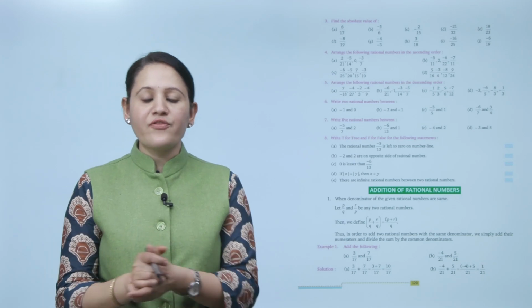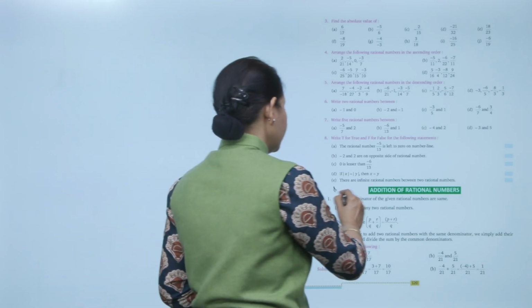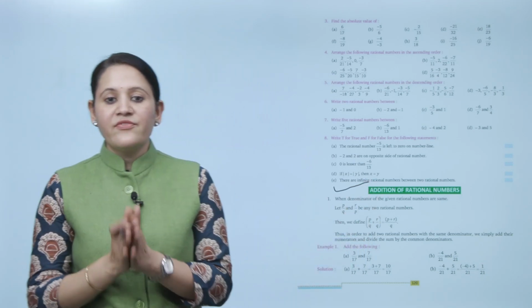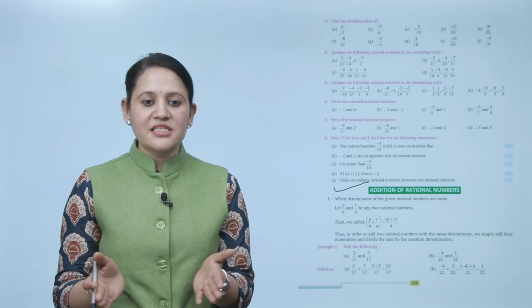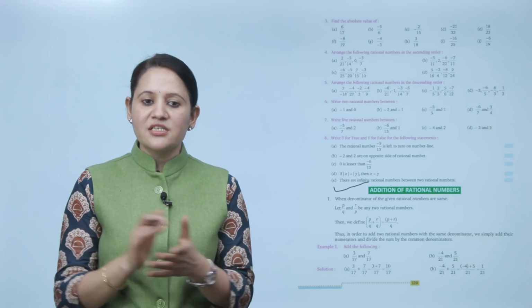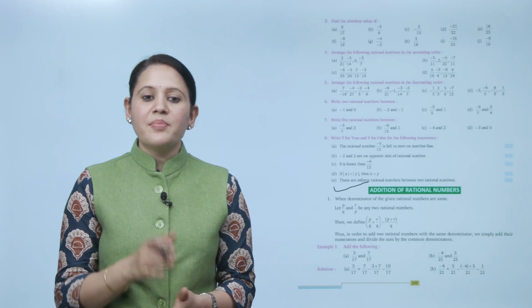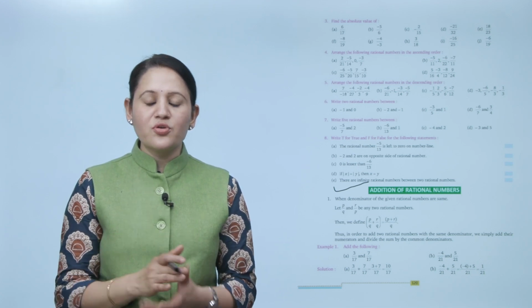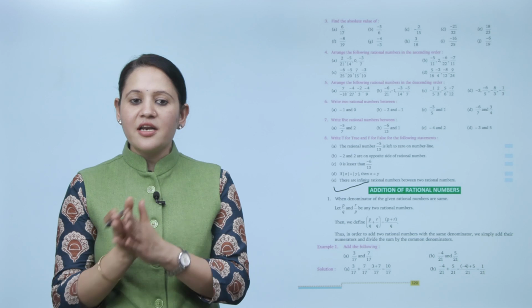Next is addition of rational numbers. When the denominators of the given rational numbers are the same, let p upon q and r upon q be any two rational numbers. Then we define p upon q plus r upon q equals p plus r upon q.